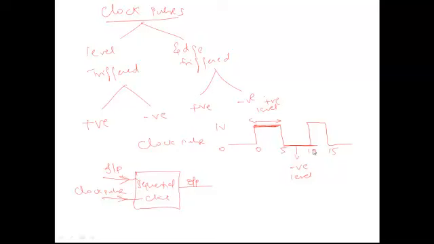From 5 to 10 second it is a negative level, so if you are designing a positive level clock, the circuit will not respond. Again from 10 to 15 second the circuit will respond. So as long as the level is high, whenever we say positive level triggering clock pulse, the entire circuit will be responding to any changes in the input as long as the clock pulse is positive.